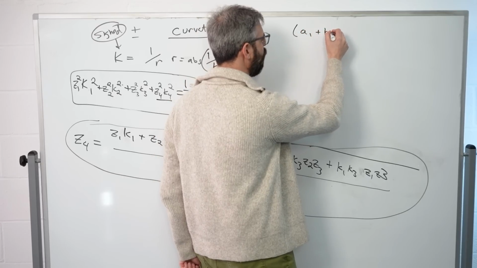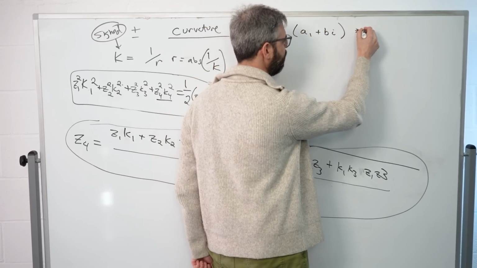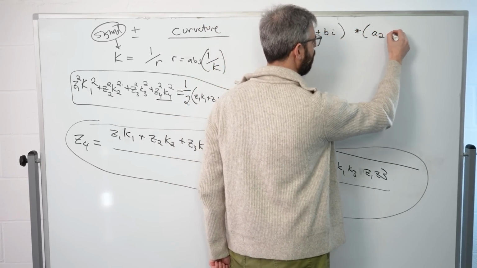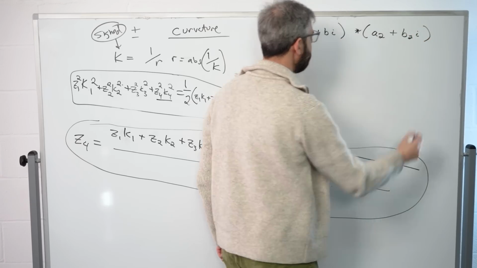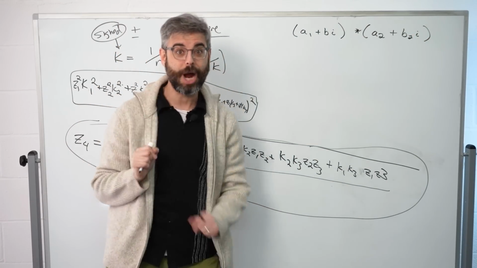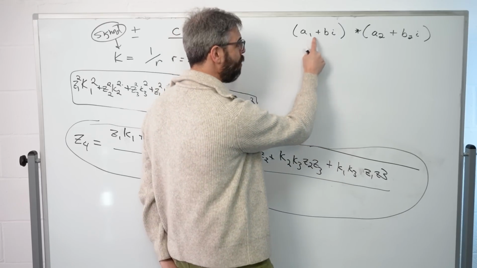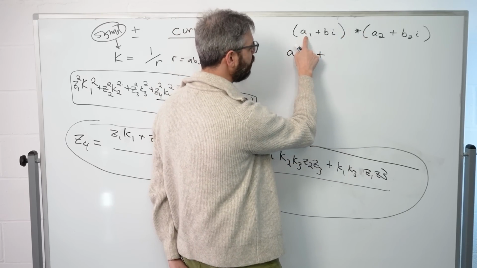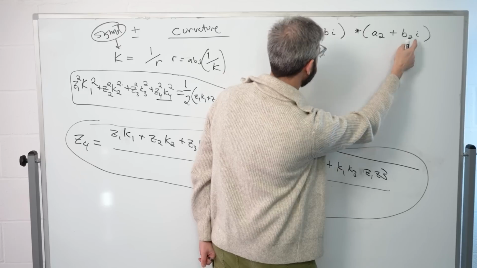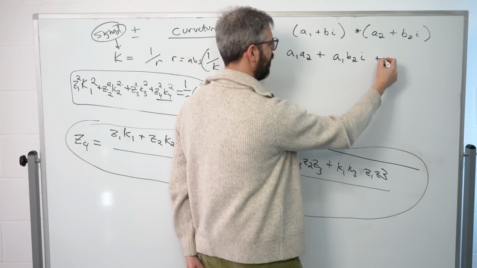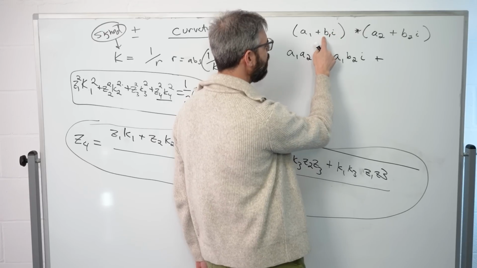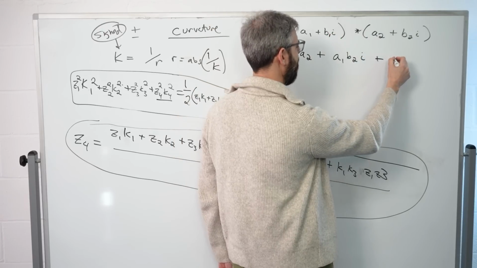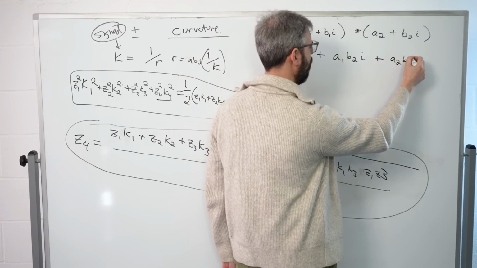A1 plus B1i times A2 plus B2i. This would be multiplying two complex numbers together. So A1 times A2 plus A1 times B2i plus B1 times A2. So I'll say A2 B1i.